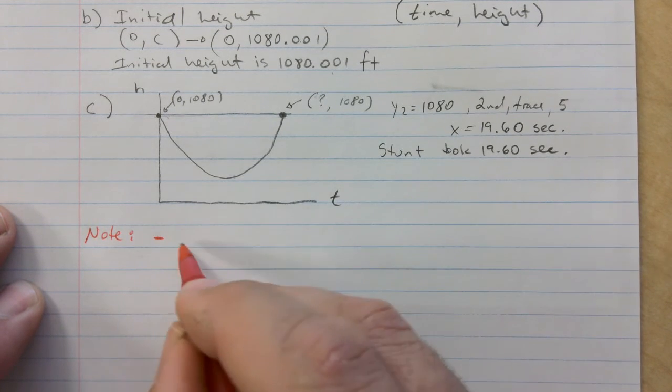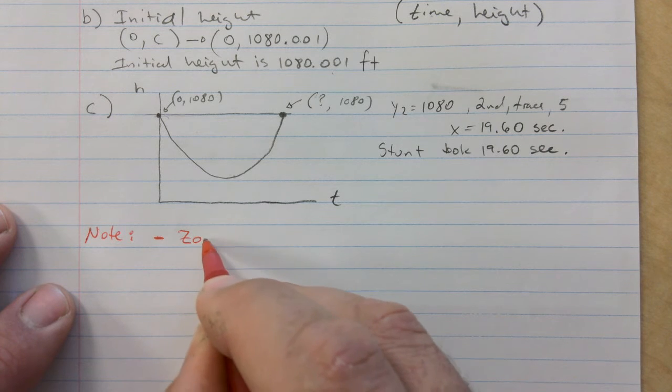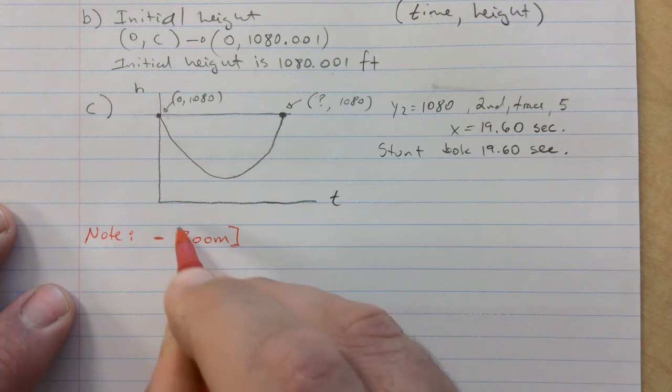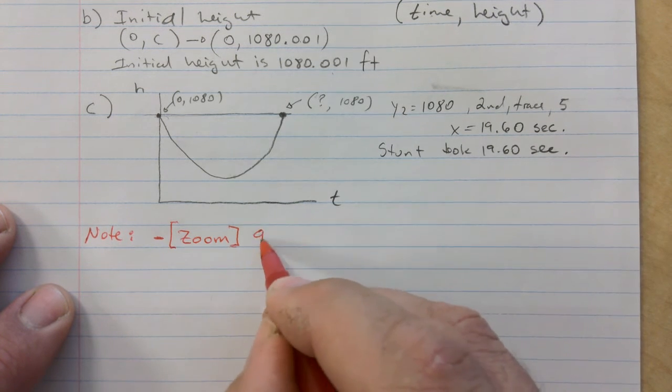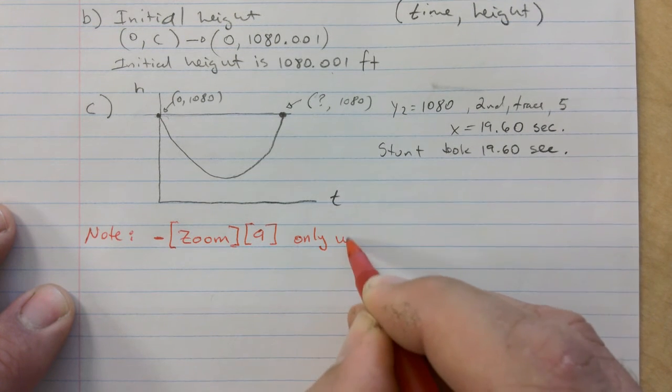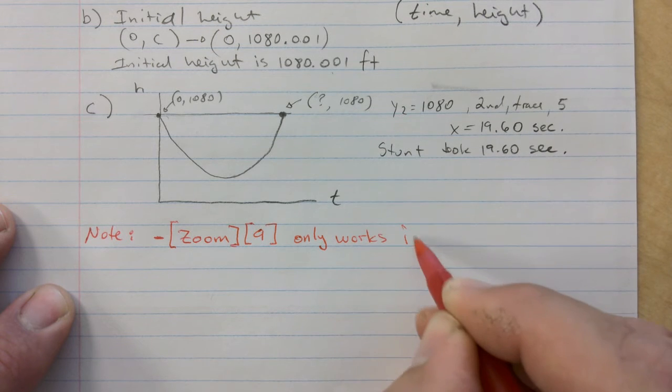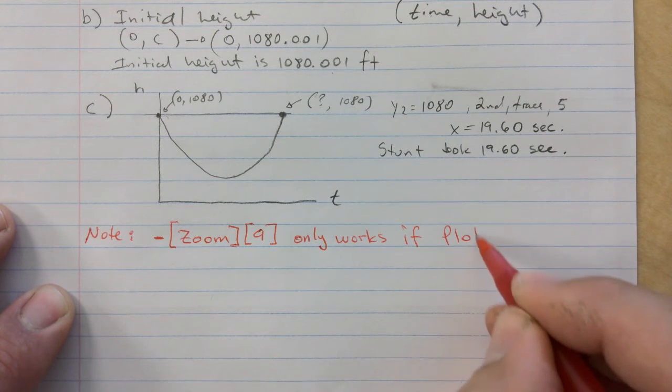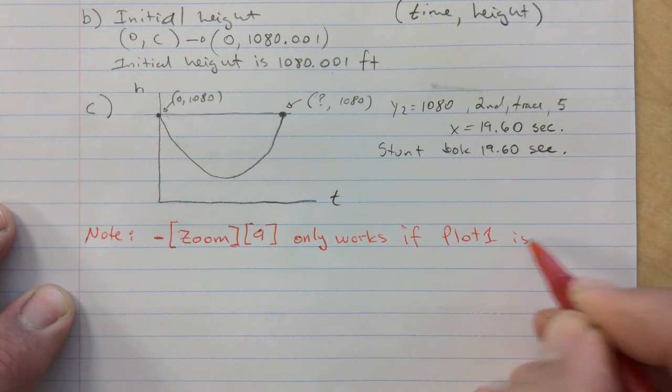The first one, zoom 9 only works if plot 1 is on.